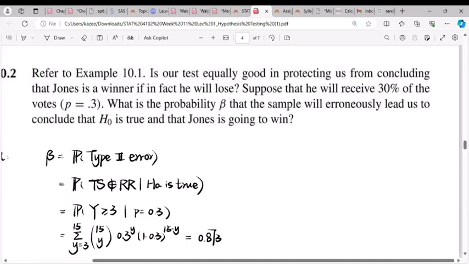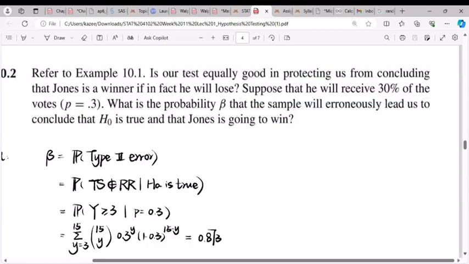That means they want us to compute the probability of type 2 error. To compute it, we need further information. They gave us: suppose that he will receive 30% of the votes. That is the additional information we need.